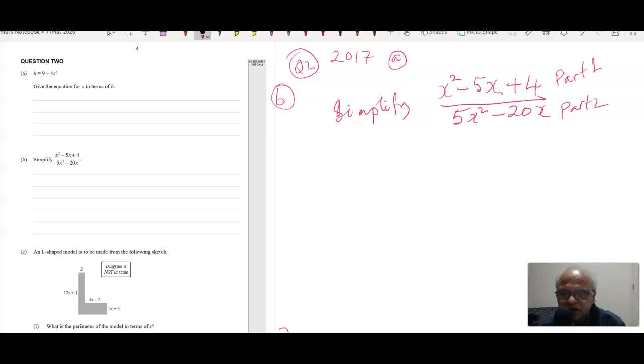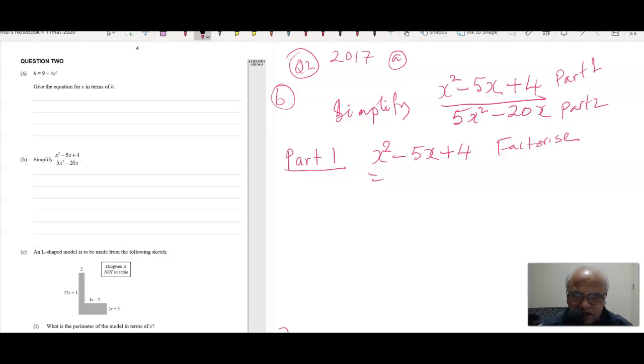Right? So I am going to separate those two parts for the sake of my explaining the thing to the students. Okay, I'm going to write the top expression as part 1, and I'm going to factorize it. So the skill involved is factorize.